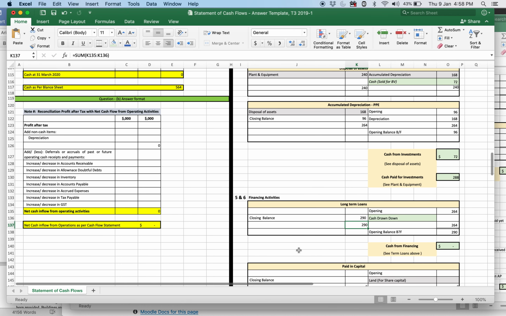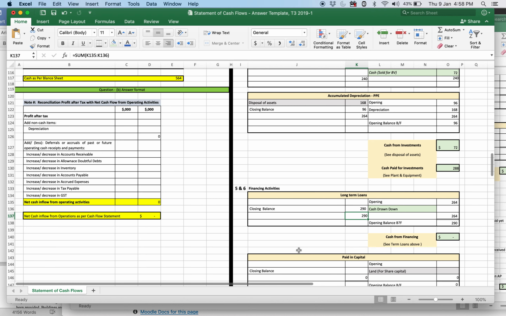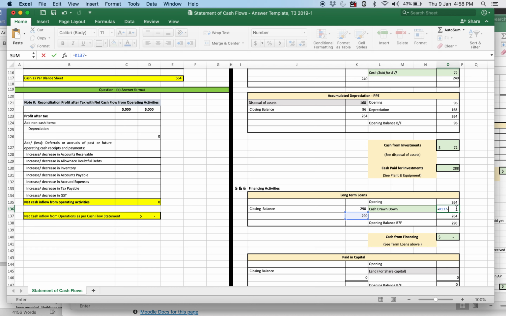So really what we've done is we've increased the amount of loan. So the cash drawn down is the difference between the two, which is 26,000.